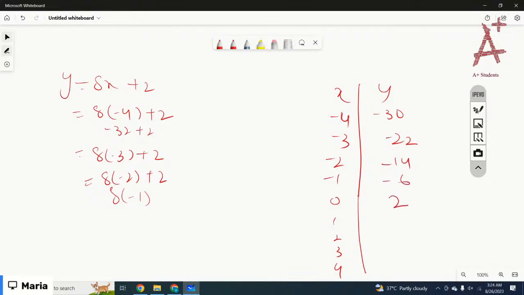When 0, it is just 2, right? When 1, 8 times 1 is 8 plus 2, 10. 8 times 2 is 16 plus 2, 18. 8 times 3 is 24 plus 2, 26. 8 times 4 is 32. 32 plus 2 is 34, right? You can plot the graph using these values. So here are the values, right?